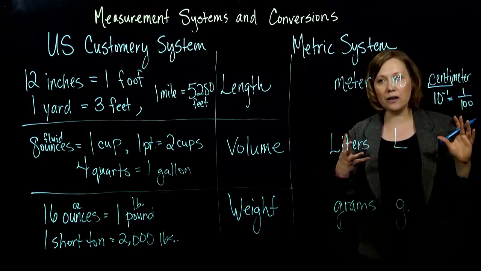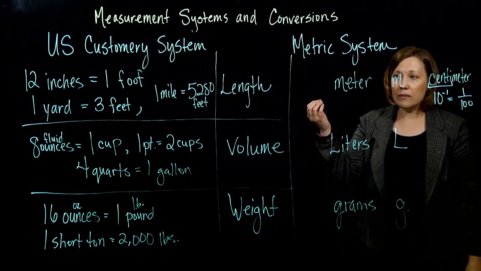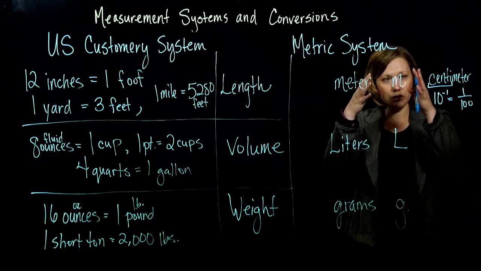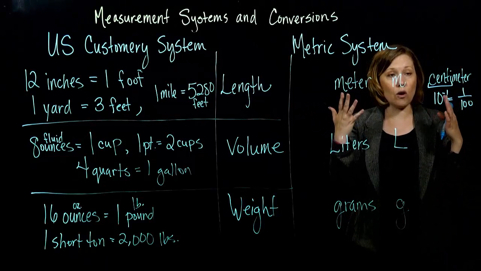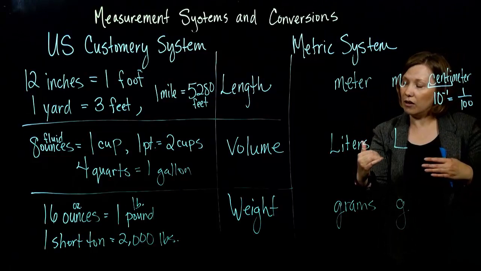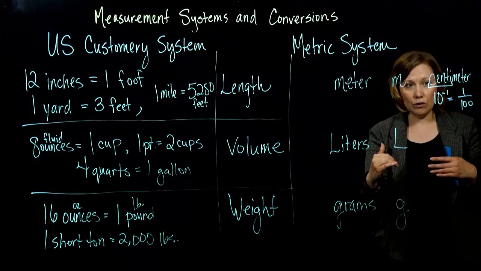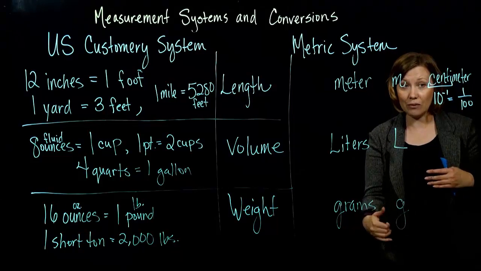And so there are a whole bunch of prefixes, and I'm going to put them up on the next slide, that we can use to make either smaller or larger units of measure for each length, our basic unit of length, meters, basic unit of volume, which is liters, and basic unit of weight, which is grams.